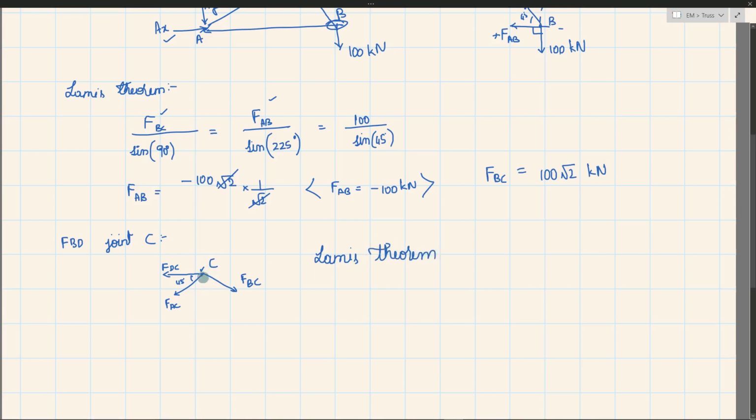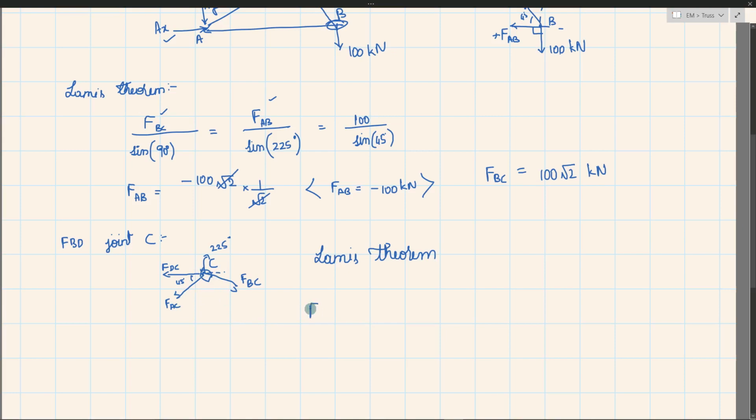Right? So we have this angle is 45 and this angle is 45. So this whole angle is 225 degree. So these are perpendicular lines, right?